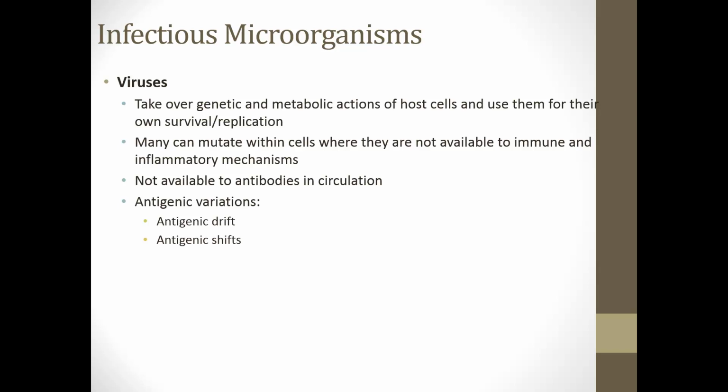Okay, now to be clear, antigenic shift is similar but a little bit different. This is major changes in the antigenicity that occurs from recombination of a couple of different kinds of viruses together. So a brand new virus is made by two viruses forming.